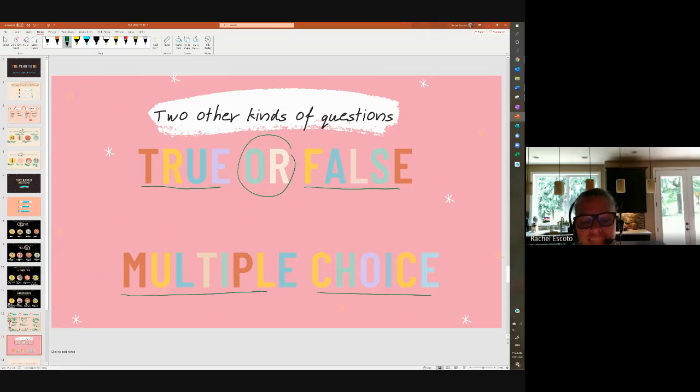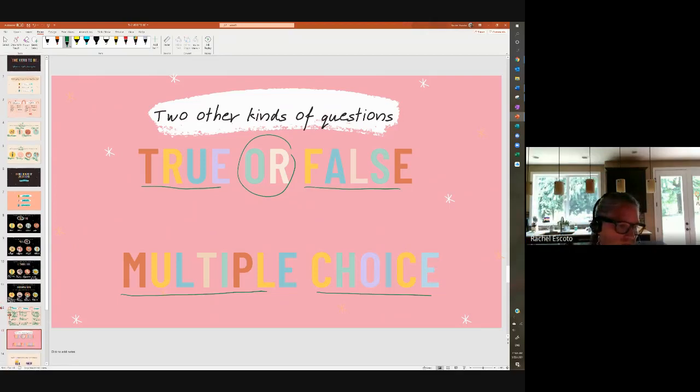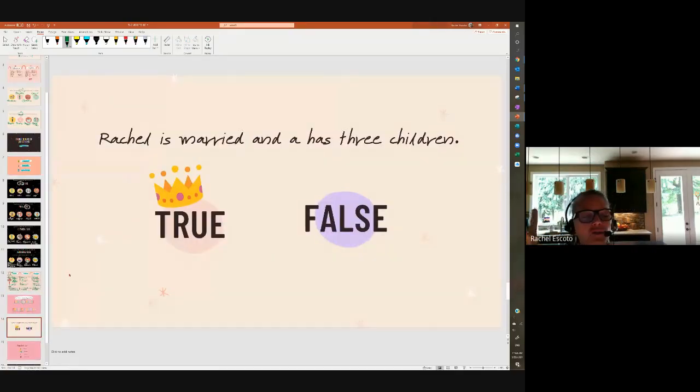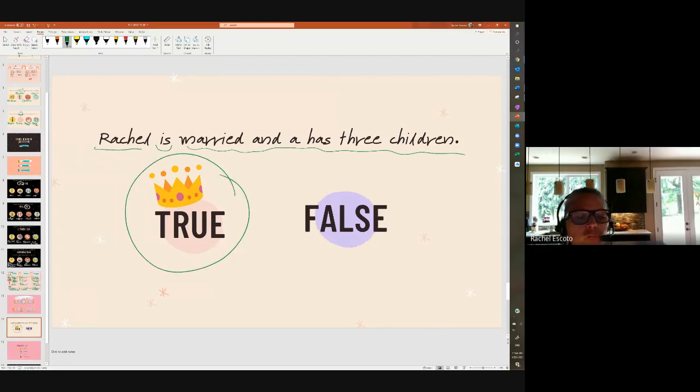So true means affirmative, false means negative. Let's look at a true or false question. True or false? Rachel is married and has 3 children. This is true. So I would select true.